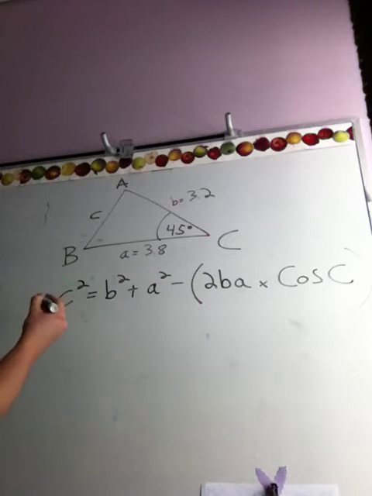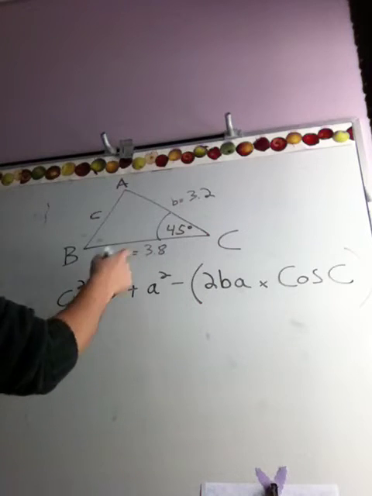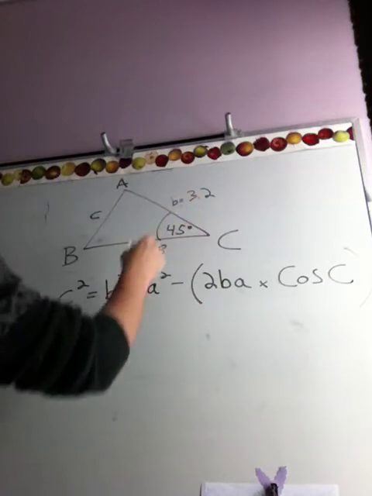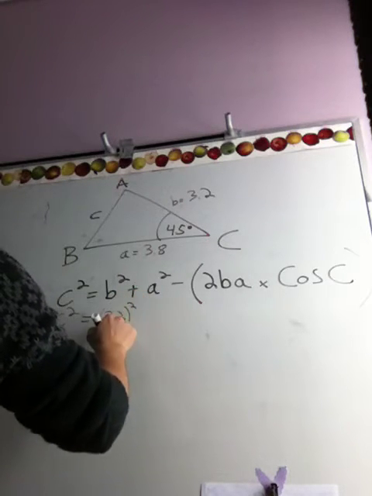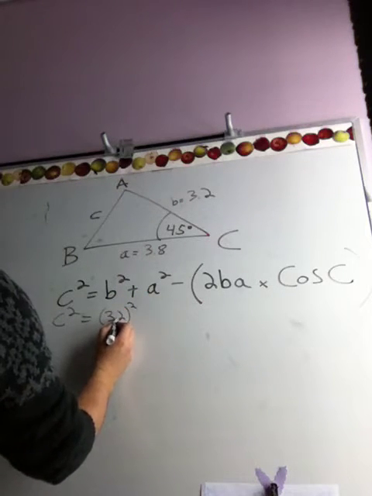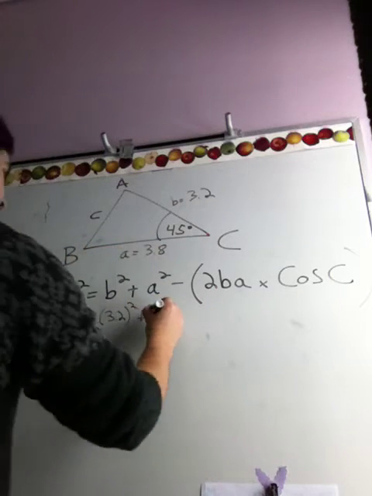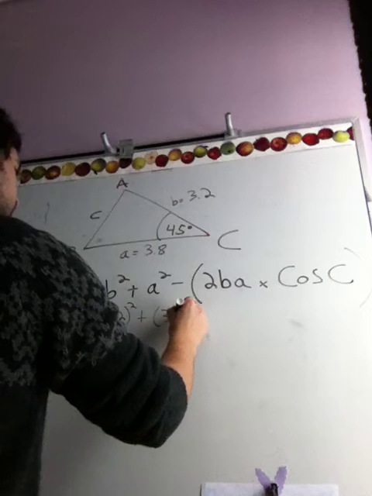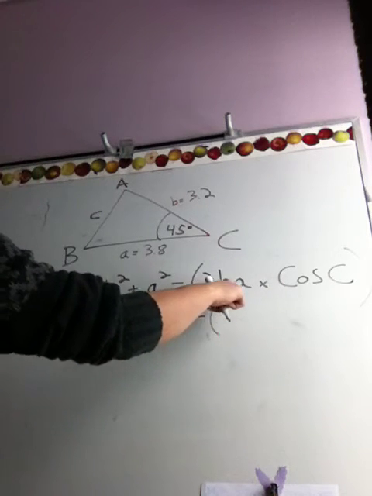So c squared equals b squared, b is given to us. It's 3.2. A squared, a is given to us. It's 3.8. Subtract 2 times b times a.